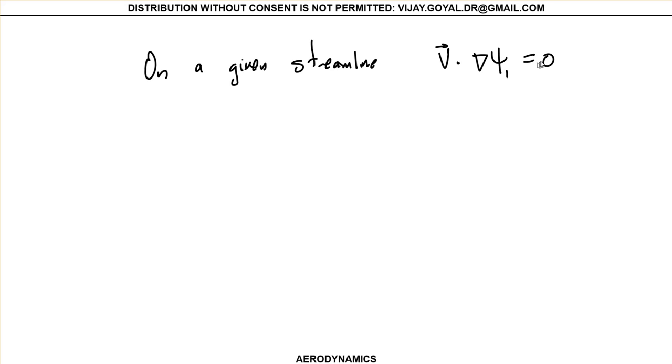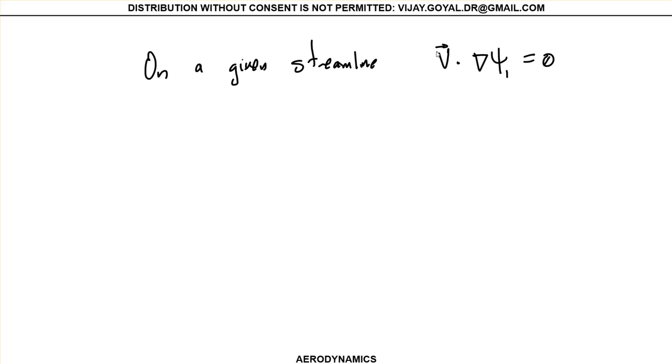So on any given streamline, what is true is if I take the dot of this, of the gradient, I'm going to get 0 because they're perpendicular to each other.